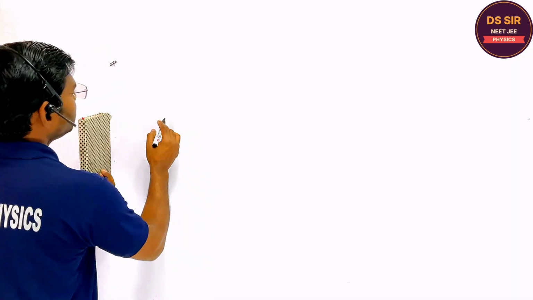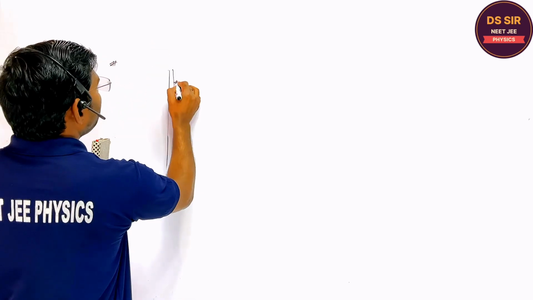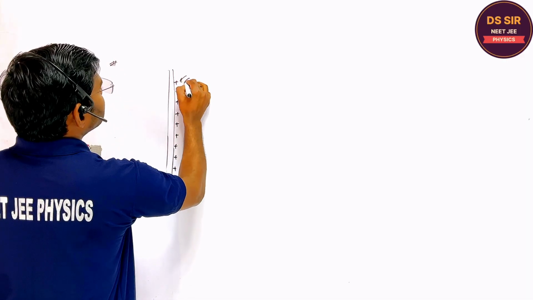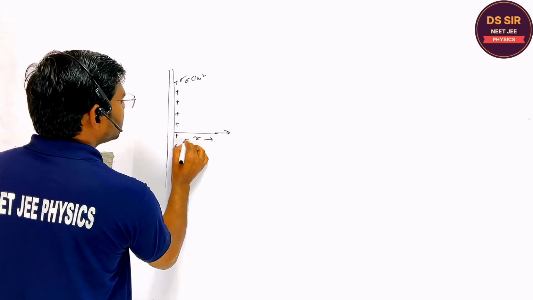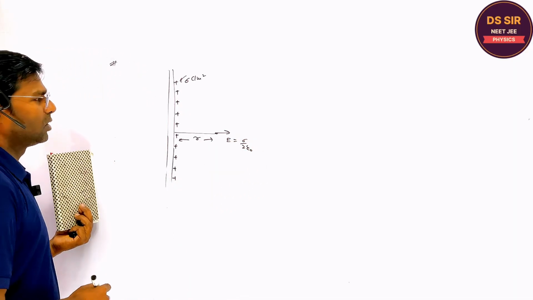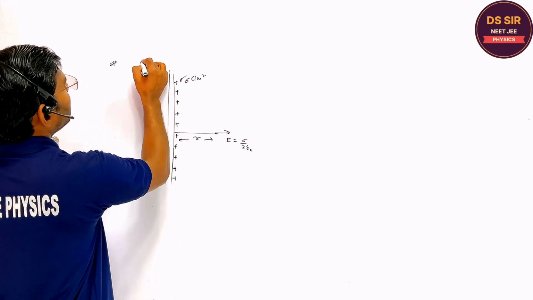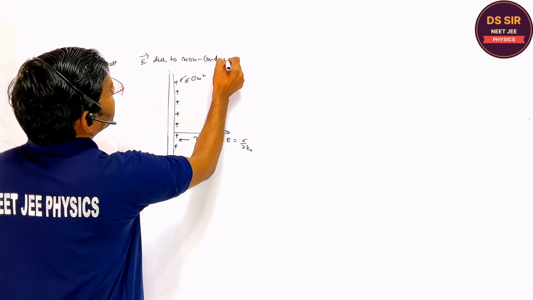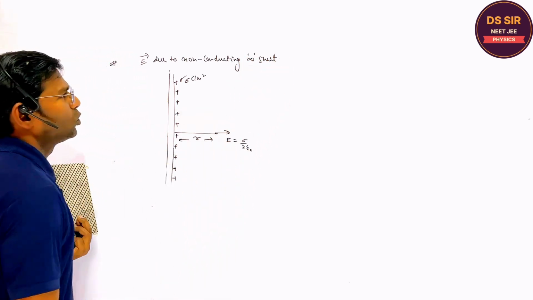So if you put the charge over here, on the one side, and the surface charge density is sigma coulomb per meter square, then at any distance the electric field does not depend upon the distance, and it is given as sigma upon 2 epsilon naught. In the same way, this side is also because of this surface. This is the electric field due to the non-conducting sheet, not the conducting infinite sheet, like this, sigma upon 2 epsilon naught.